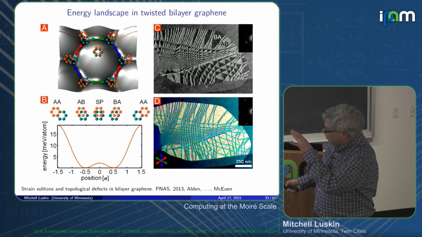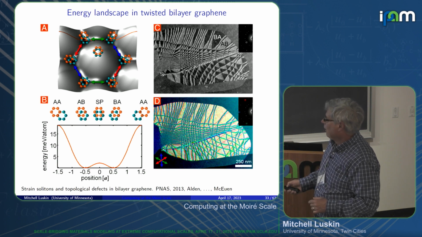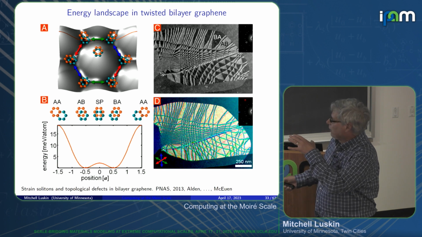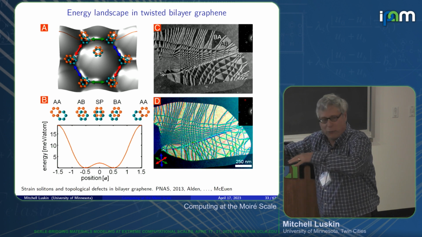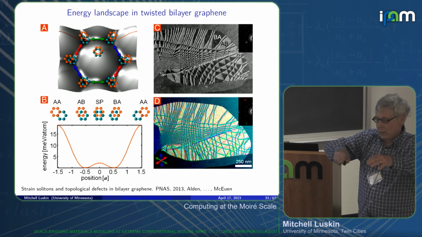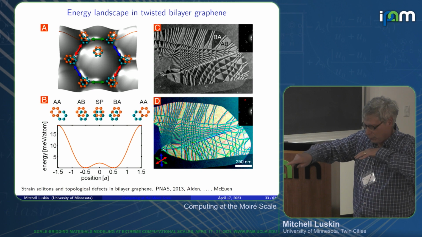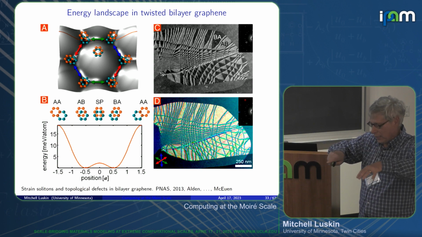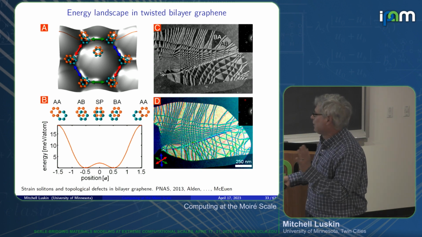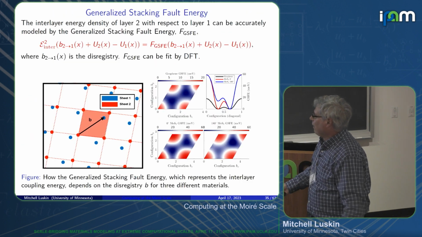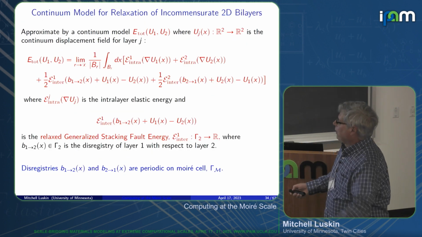And by choosing your direction, you literally can color the three symmetry-related partial dislocations, and they all come out with different colors. This is so amazing. Okay, and here's our continuum model.